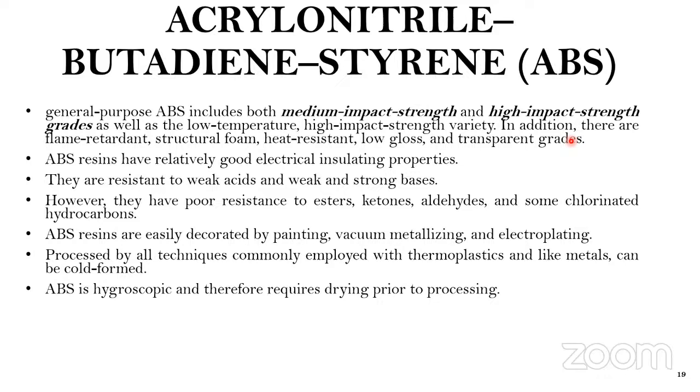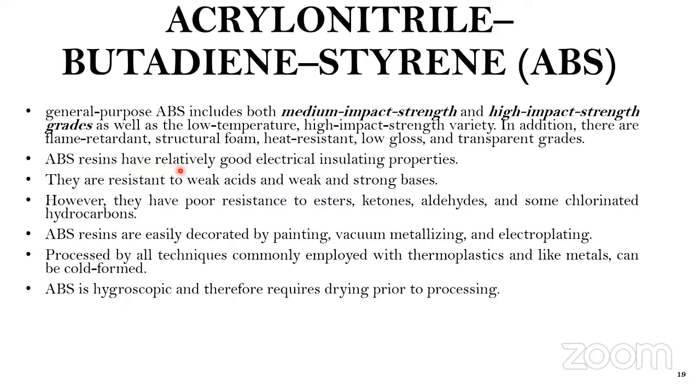You have to decide what grade of ABS you need. If you want your final product to have medium impact strength, that is available. If you want a high impact strength grade, that is also available. As well as if you want low temperature, high impact strength, that is also available.